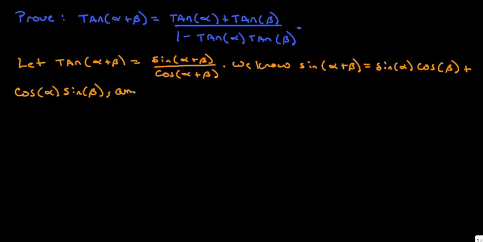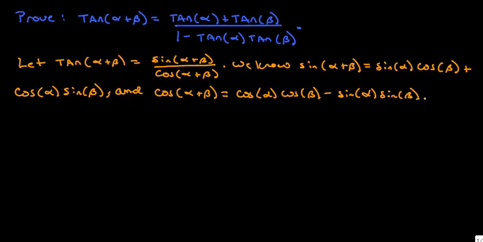I'm going to say and cosine alpha plus beta is equal to the cosine of alpha times the cosine of beta minus sine alpha times sine beta.